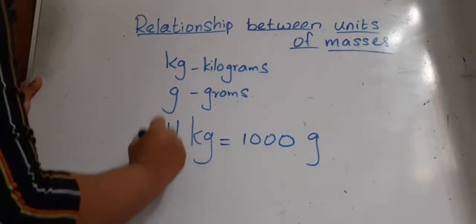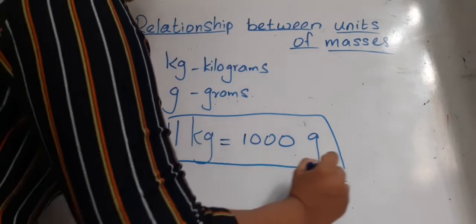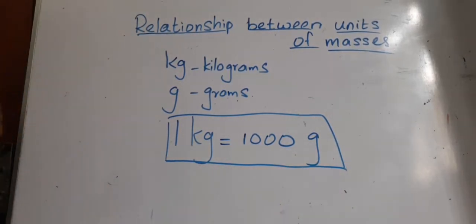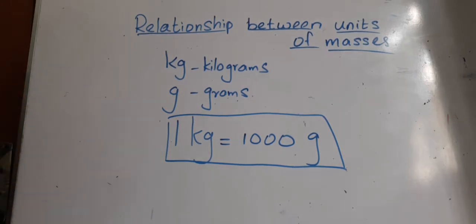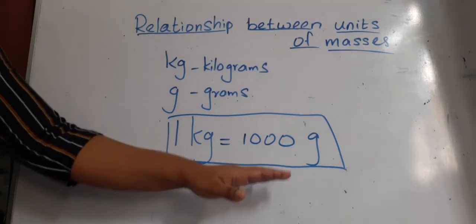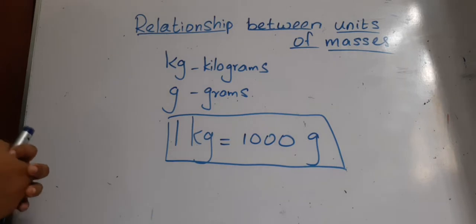This is very important. You need to remember this relationship in order to convert the units from one to the other. It's easy to remember: 1 kilogram is equal to 1000 grams. Now I'm going to show you how to convert the units.